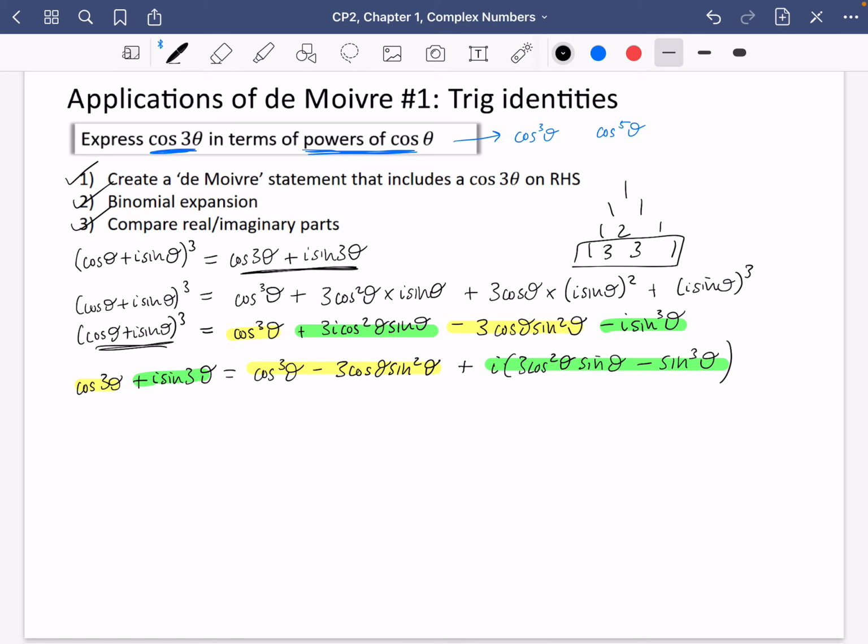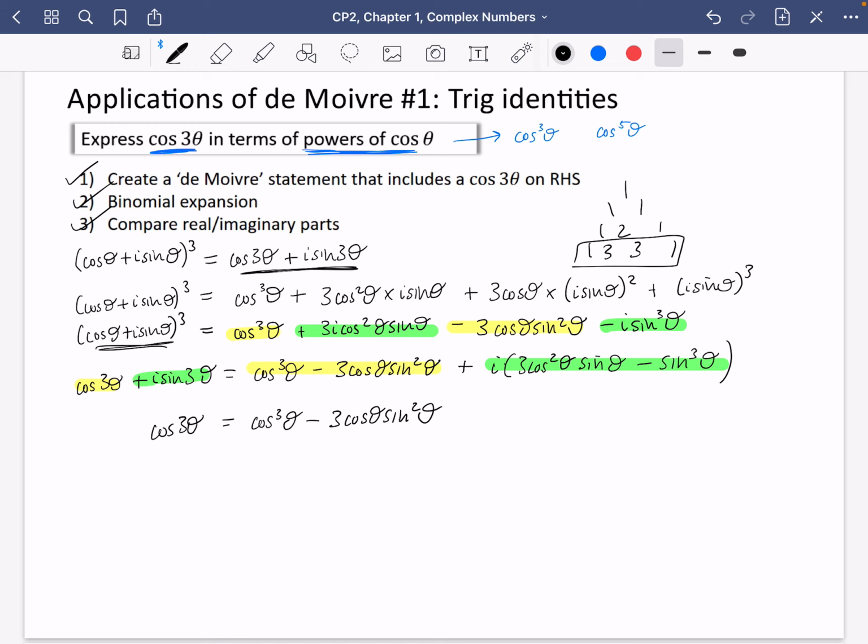So that is actually just going to be the real part of this whole thing. So cos 3 theta is going to be equal to cos cubed theta minus 3 cos theta sine squared theta. You're allowed to do that. If you have a complex number that's got a real and an imaginary part, the real parts must be the same and the imaginary parts must be the same, otherwise they wouldn't be the same complex number.